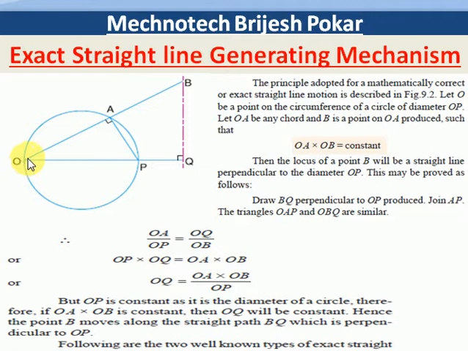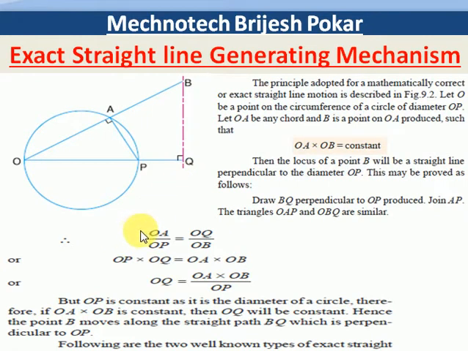So here OA is equal to OQ, then AP is equal to BQ, and OP is equal to OB, right?